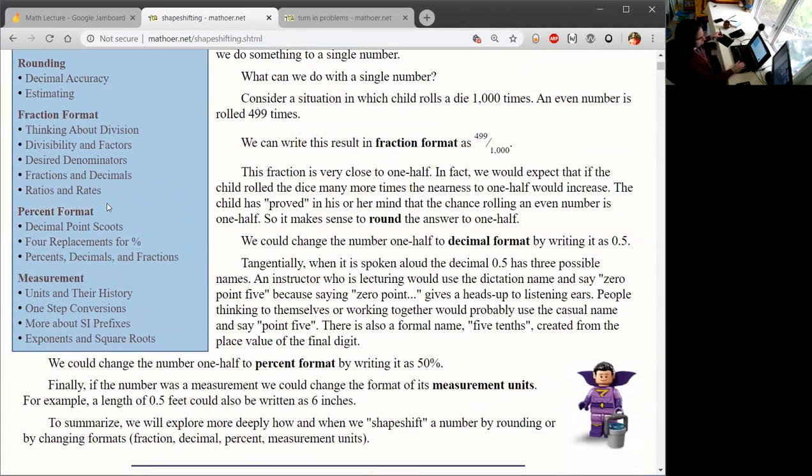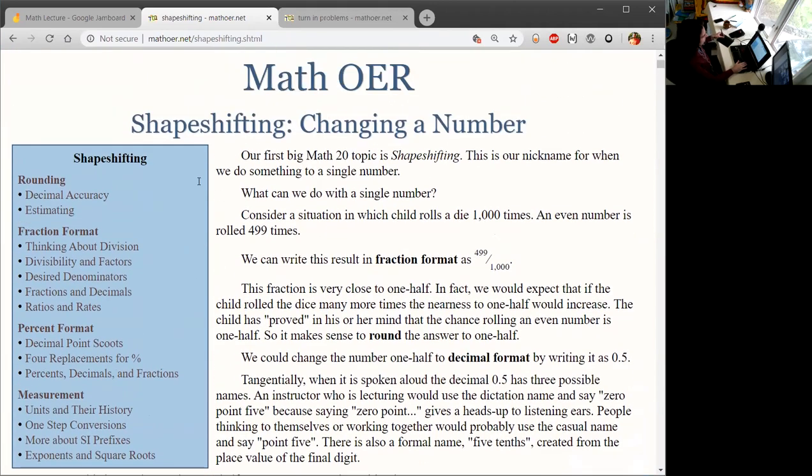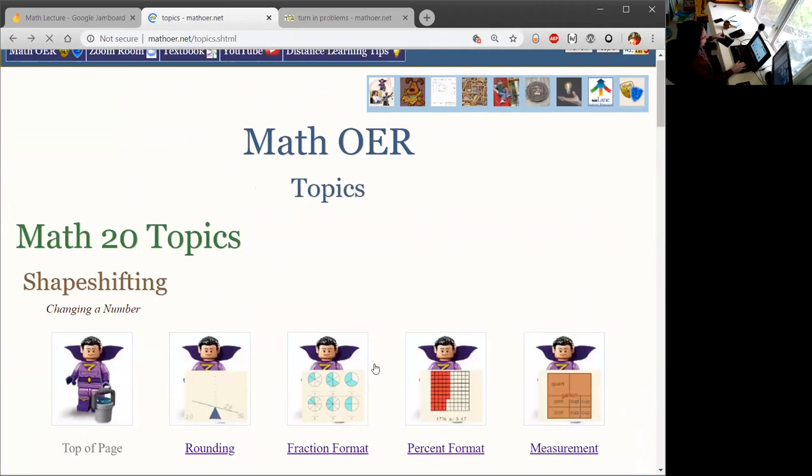Nothing on percents. No, you are all either quiet and shy or capable. I'm not sure which. Okay, then I will just go on.